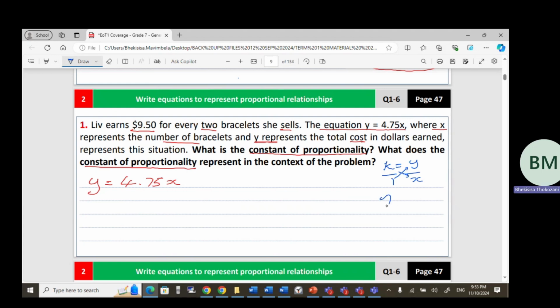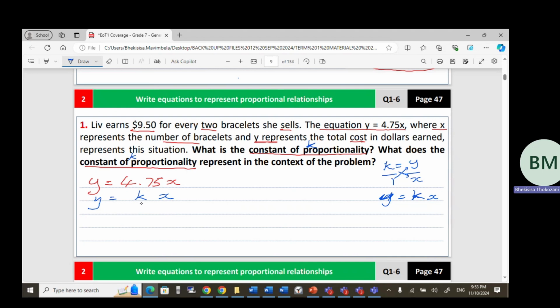So now I know that y is equal to kx. Now, what does k represent? k represents your constant of proportionality, right? Whenever you see constant of proportionality, remember they talk about k. So if I'm in this equation and I want to find k, I can just say y is equal to kx.